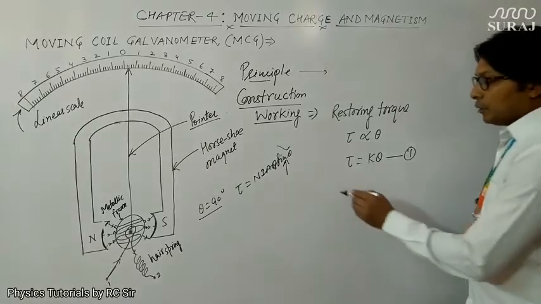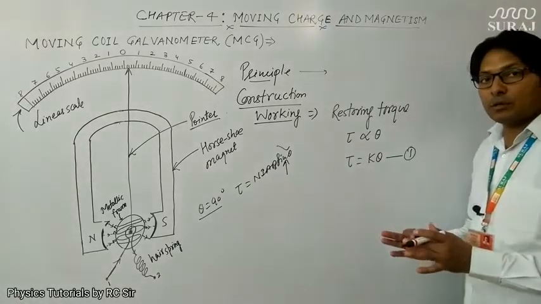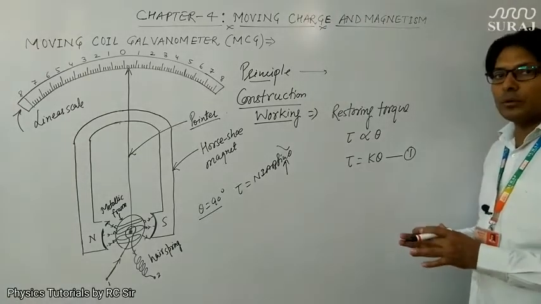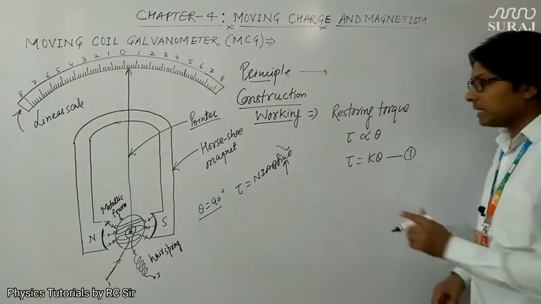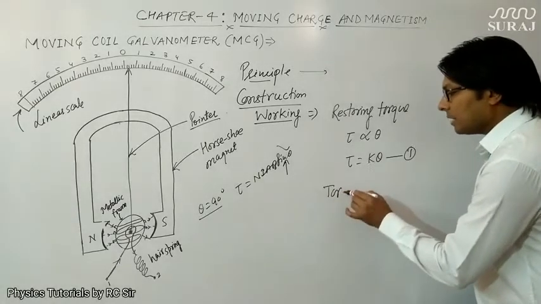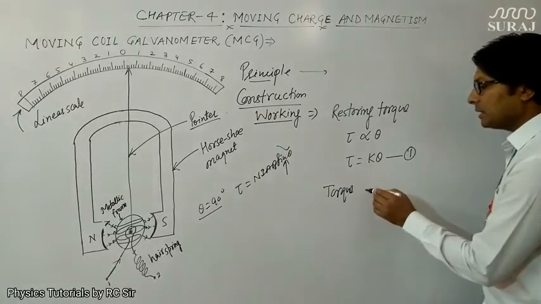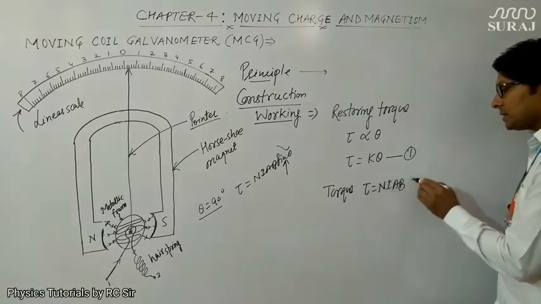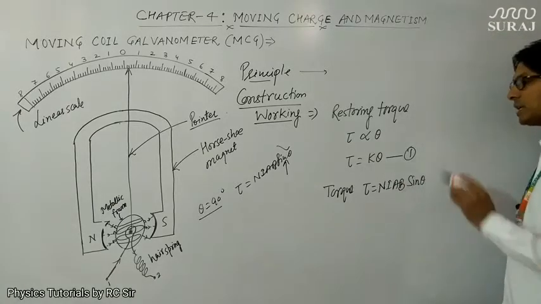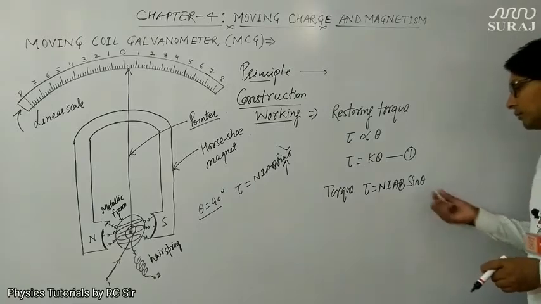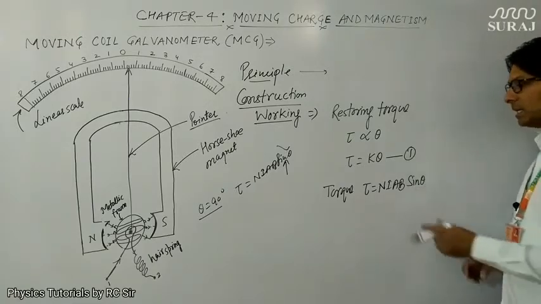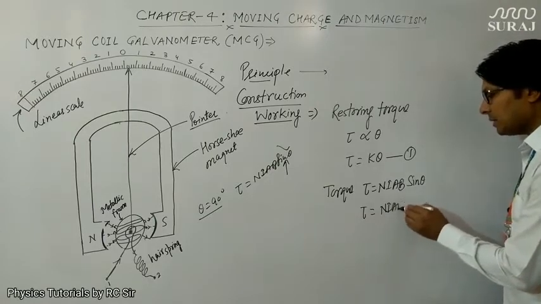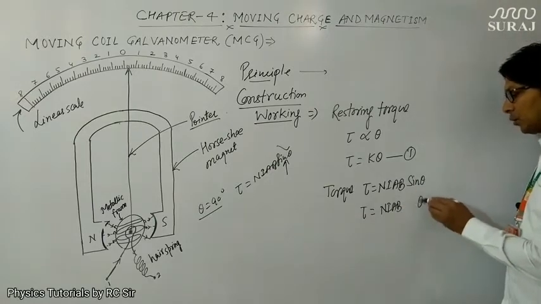Now we also have discussed the torque produced in a current carrying loop when it is placed in a magnetic field, and the formula we have derived is tau is equal to NIAB sine theta. And since we are using a radial magnetic field, the value of theta becomes 90 degrees and the value of torque will be NIAB, and sine 90 becomes 1.